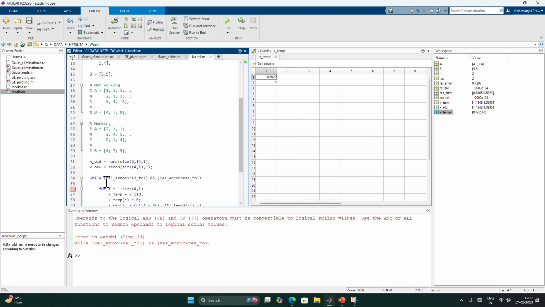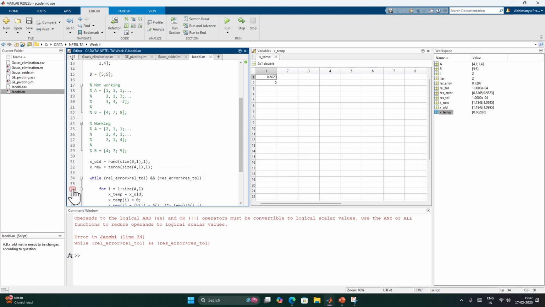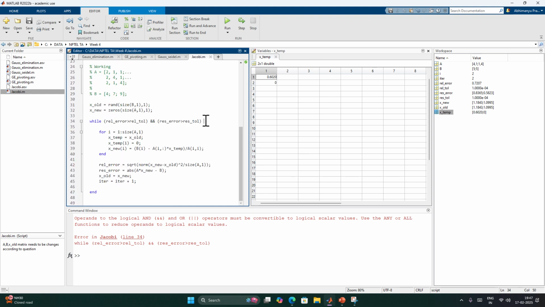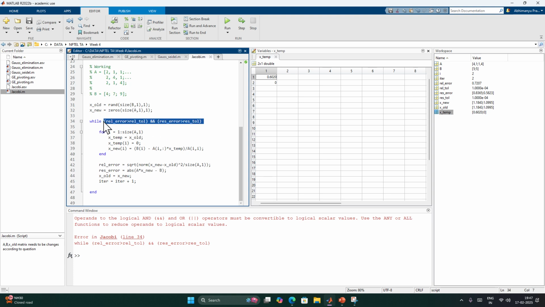Why is this not convertible? It should work.